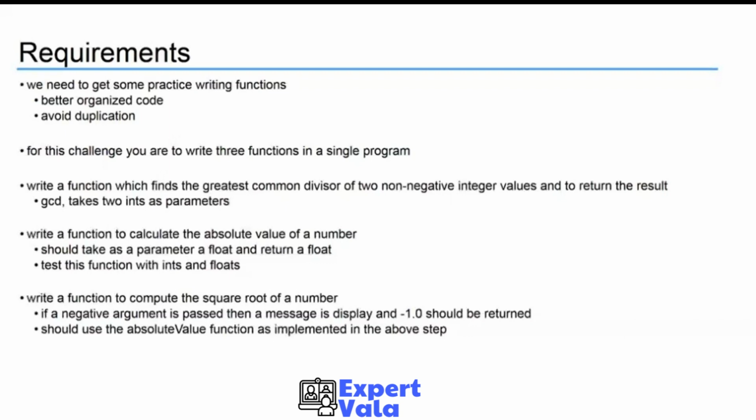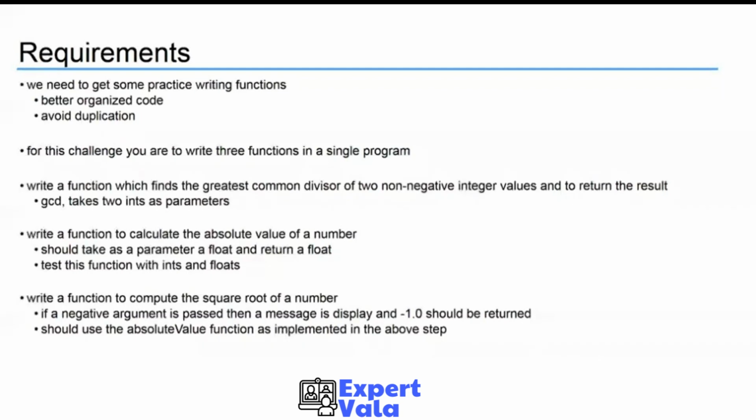What this means is you can actually use the other function you created, absolute value, as a helper function. When one function uses another function, it is sometimes referred to as a helper function. So in the square root function, I want you to invoke the absolute value function.